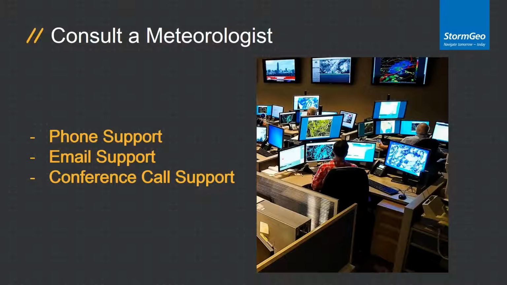Like Don mentioned, even that number's been spiking this year. But we oftentimes will get on a conference call with one of our customers. We'll give them our update on the forecast, answer some questions, and then get off the call, or stay on if you want us to. So we do that very often, and it's provided a lot of additional information, and it helps to gauge the confidence level a little bit more when you're talking directly with the meteorologist.